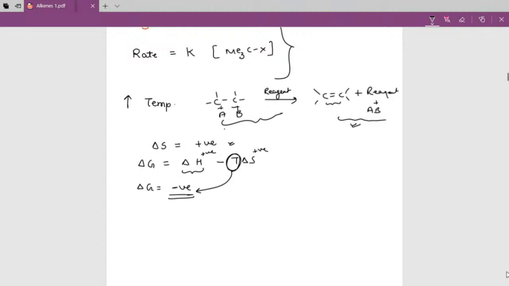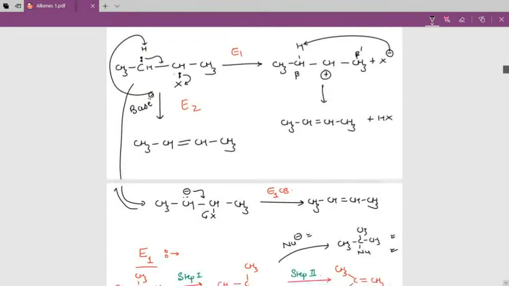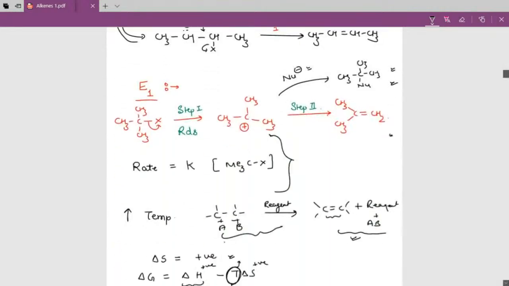As I increase this temperature, this delta G will become negative, and thereby elimination reactions will become dominating or feasible. And this is why this was our point, that high temperatures are required for elimination to happen. Okay, we need higher temperatures for elimination to take place.